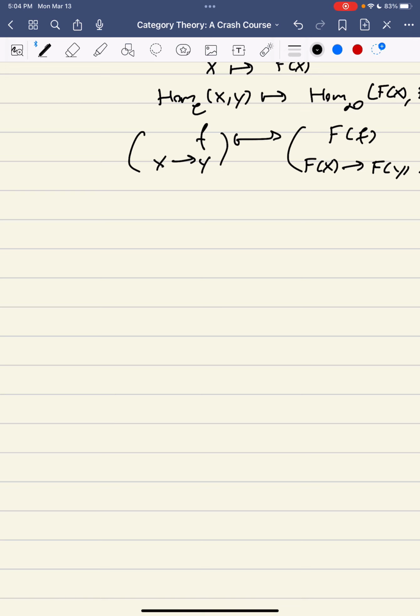So some extra things here. When you learn about sets and functions, you learn about stuff like an injection or surjection. For categories and functors, you have a similar concept.